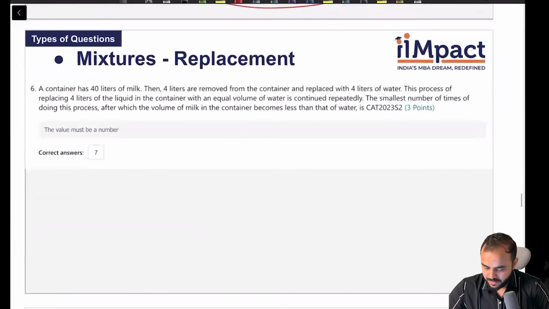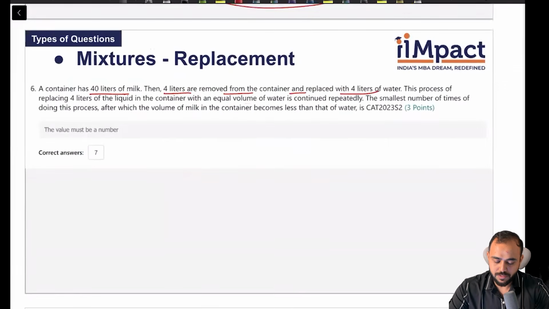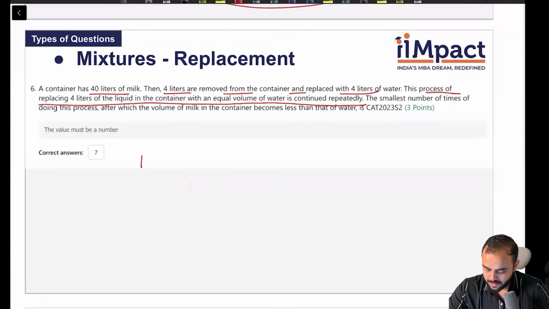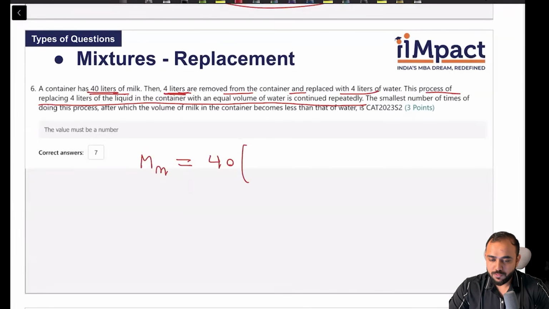A container has 40 liters of milk, 4 liters removed from container, replaced with 4 liters of water. Okay. This process of replacing 4 liters is continuously repeated. So your final milk after nth step is going to look like 40 into, 4 liters is replaced from a 40-liter container, so 10% is getting removed.